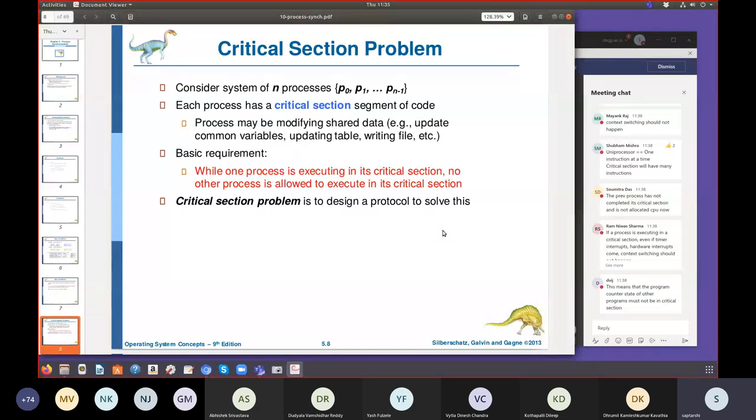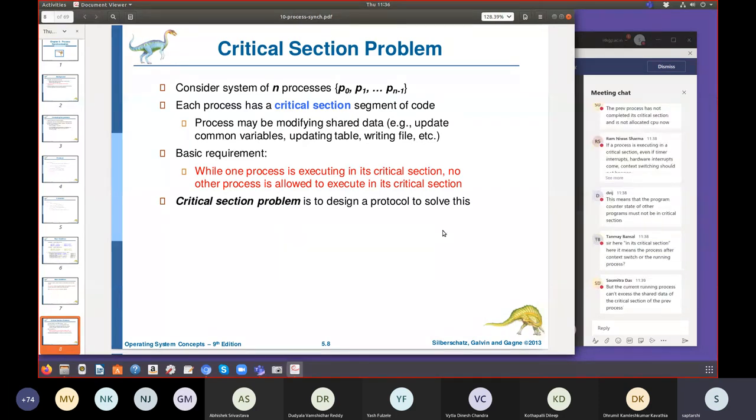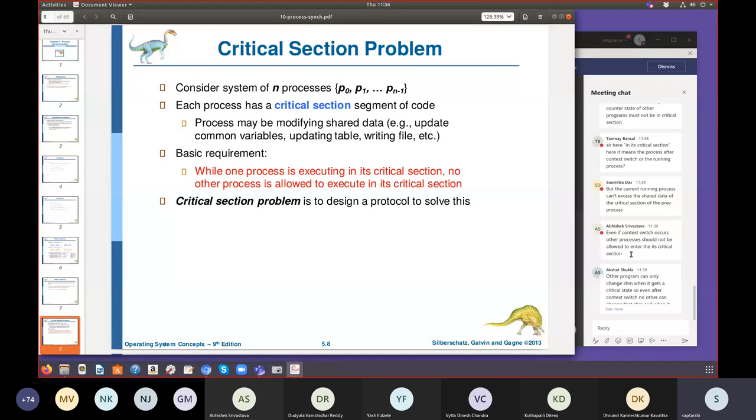Okay, that's a possibility, but that's not very practical because a critical section can also be quite long. Maybe a big shared table needs to be updated. If you have this restriction that as long as one process is executing in its critical section there will be no context switch, that will be a very inefficient design. So actually it does not mean that.